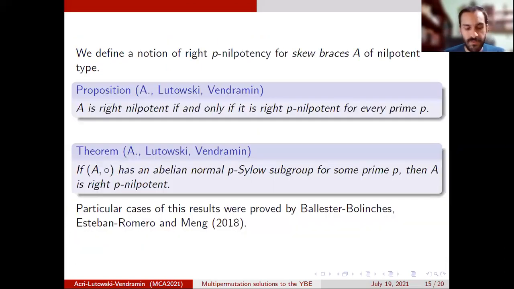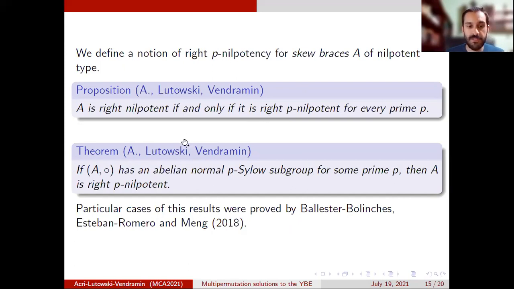In our work, we defined the notion of right p-nilpotency for every prime p for skew braces of nilpotent type. We can prove that a skew brace is right nilpotent if and only if it is right p-nilpotent for every prime p.